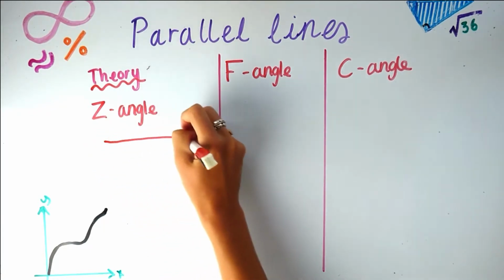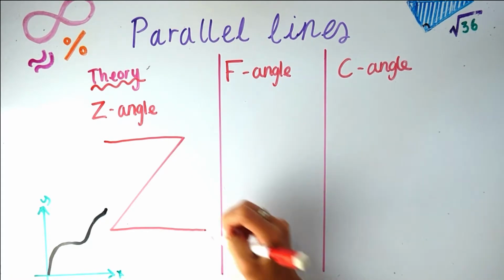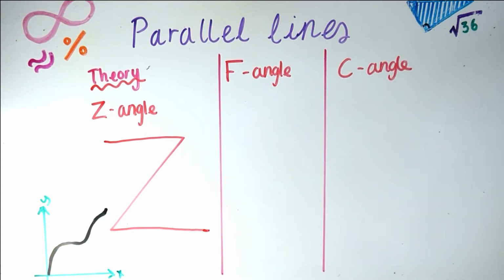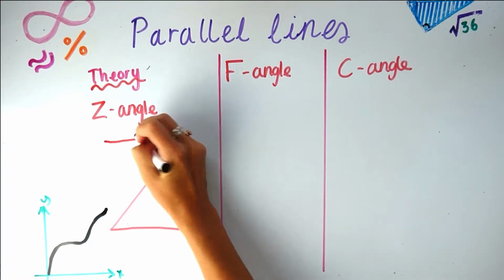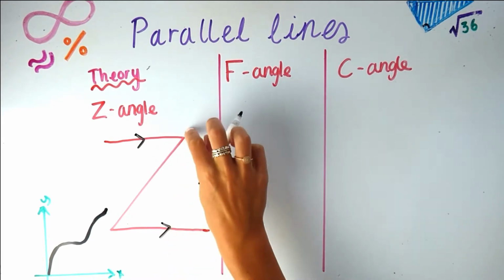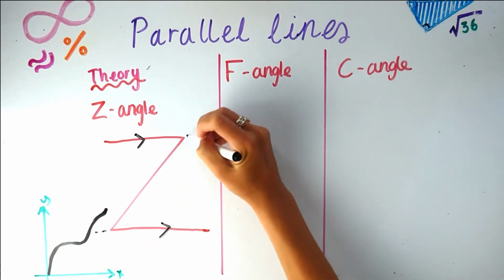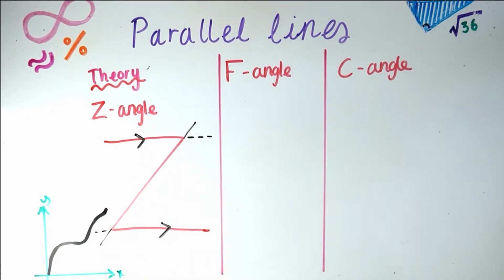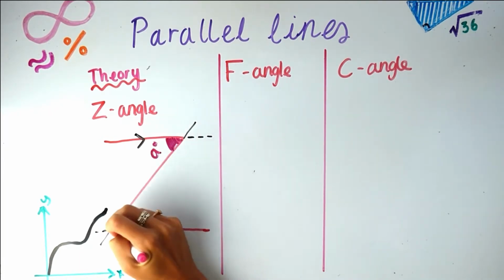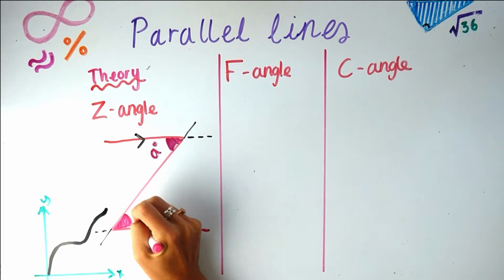So let's say we draw out a Z for zangle. These 2 lines have to be parallel, so we denote that with the arrows. We've got 2 parallel lines here and here, and they could continue. You've got a line that goes across, so there's your Z in the picture. A zangle means that this angle here, A degrees, is the same size as this angle here.